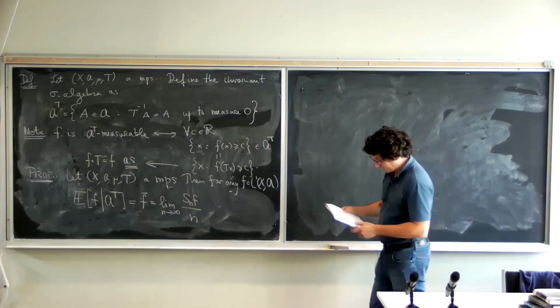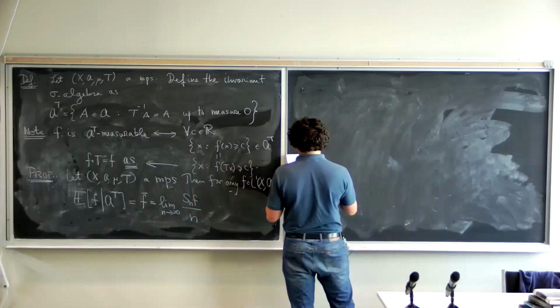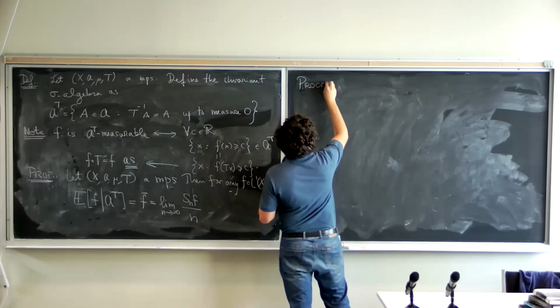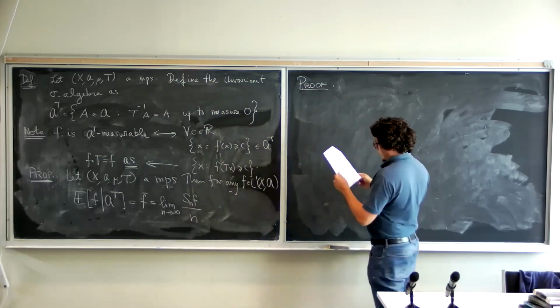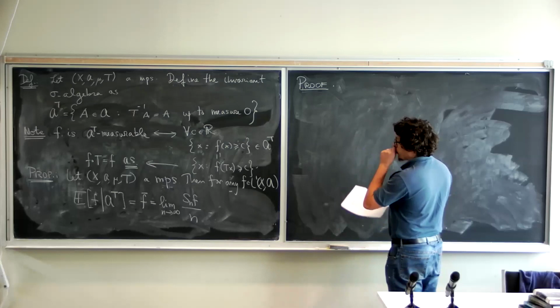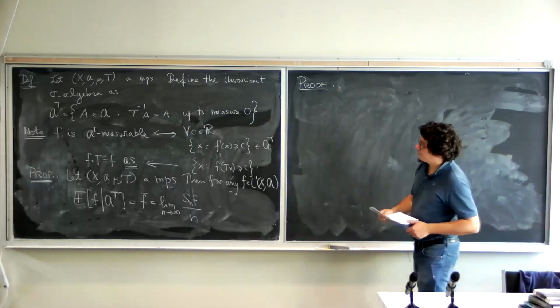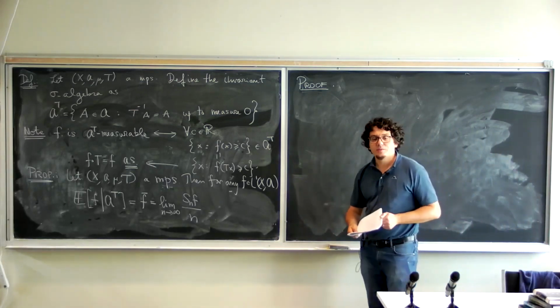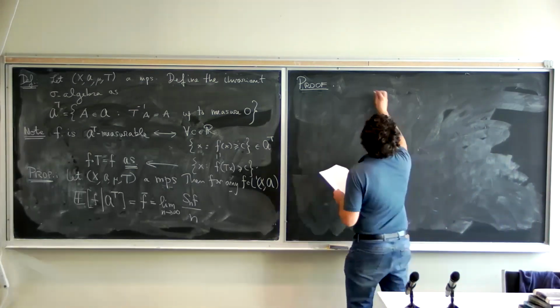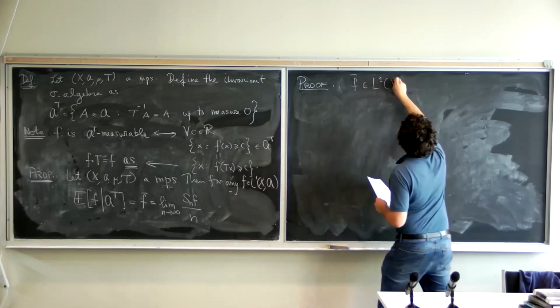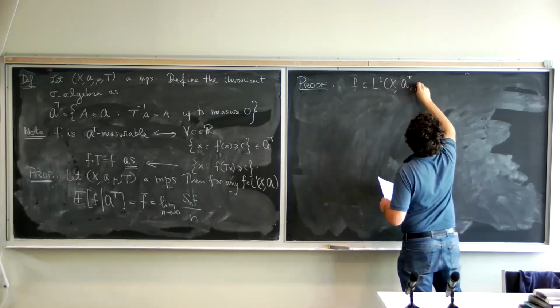Okay, so now we can prove this. So we need to check, by the existence and uniqueness, that f bar satisfies these properties. So first of all, we have to check that f bar is in L1(X, mu).